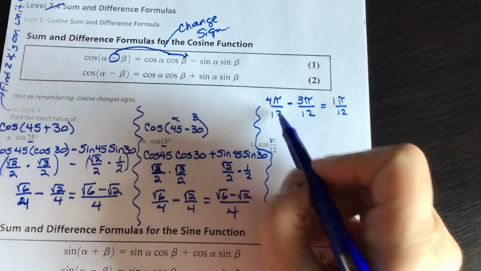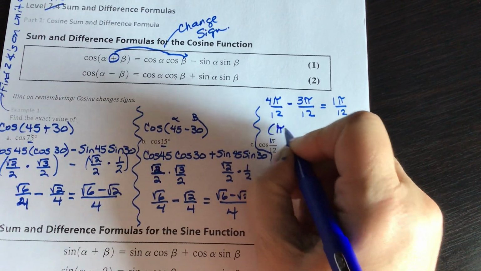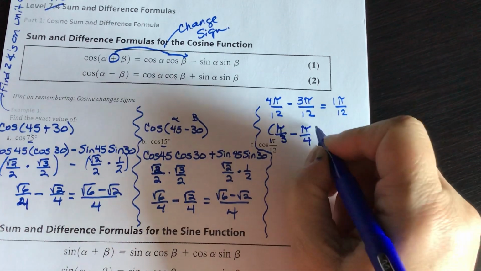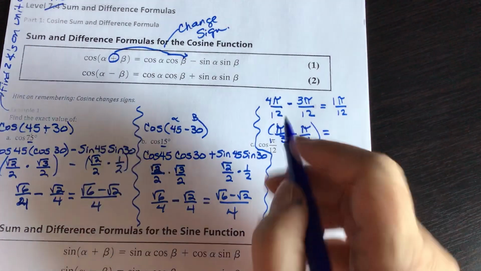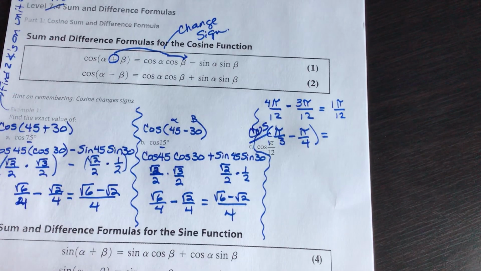Technically if I reduce this, it's pi over 3 minus pi over 4, and that would give me pi over 12. So I'm going to have cosine of pi over 3 minus pi over 4.